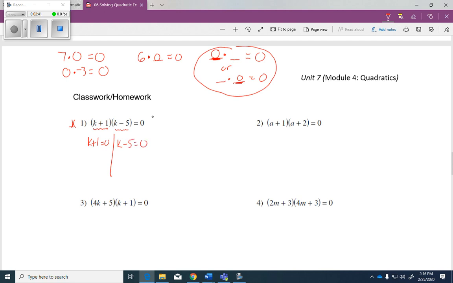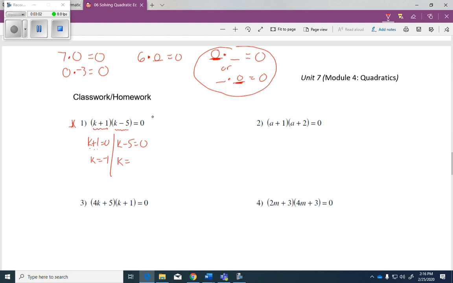We take the factor and set it equal to 0, and we take the other factor and set it equal to 0. Well, if k plus 1 is 0, what's k? Oh, k would be -1 in this case, because -1 plus 1 is 0. On the other side, if k minus 5 equals 0, what's k?